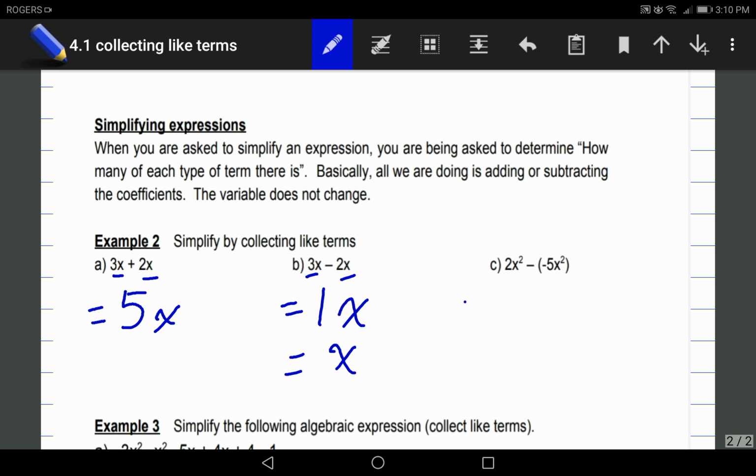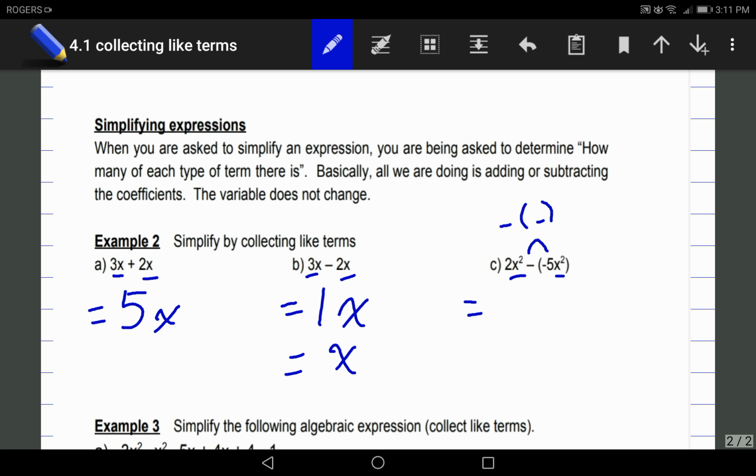Okay, this next one is a little bit more challenging. It says 2x squared minus negative 5x squared. Now, they are both like terms. Why? Because they both have x squared, so we can add and subtract these together. But what we see is a minus, a negative, side by side there.